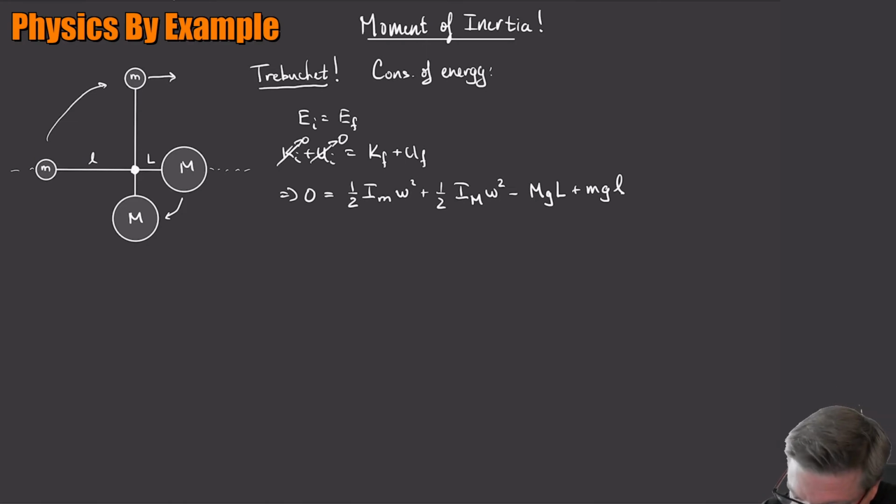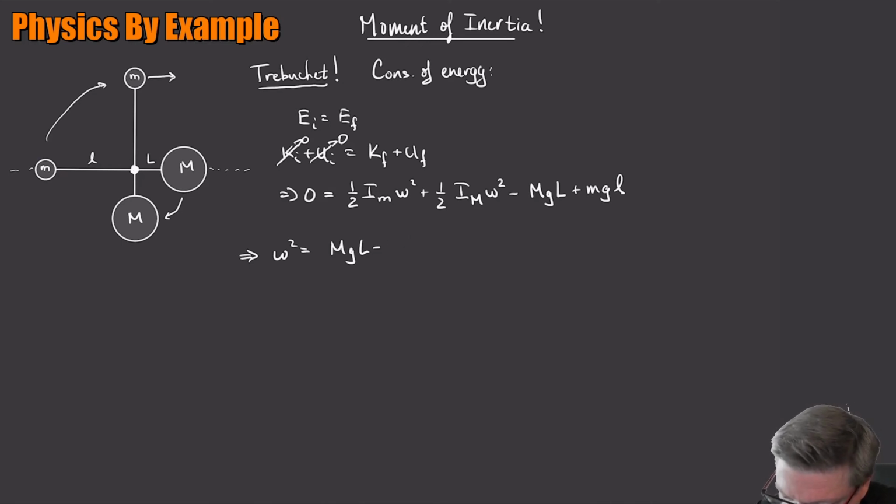So omega squared is equal to, we'll take the square root later, MgL minus mgl on the other side. Actually, let's get that 2 out of here.